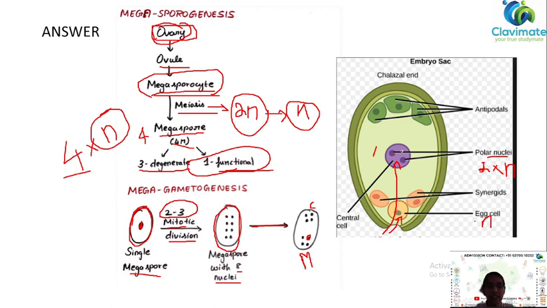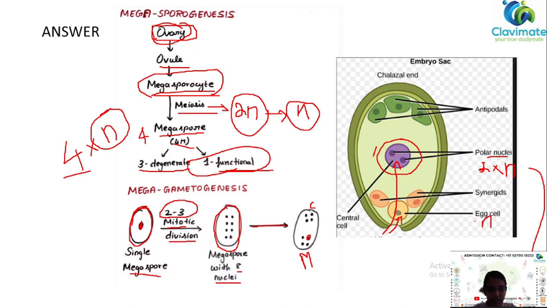If one generative cell fertilizes the polar nuclei, it forms 3n, three nuclei. So it forms a triploid, that is 3n.